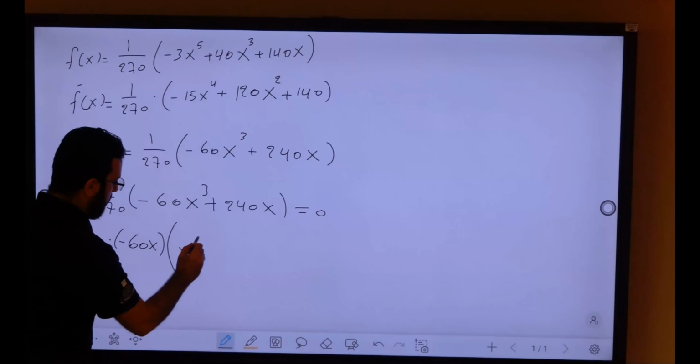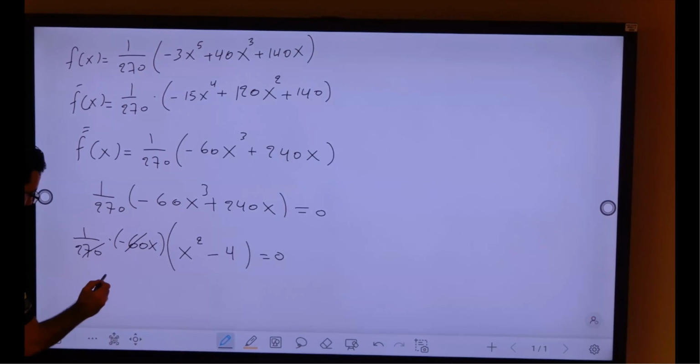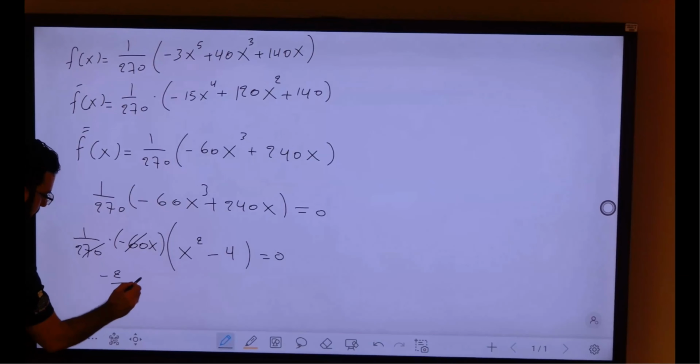Factor out the 60, it's going to be 4, with a minus here. Cancel this one with this one. So it's going to be 2 over 9x, and x squared minus 4 equals 0.